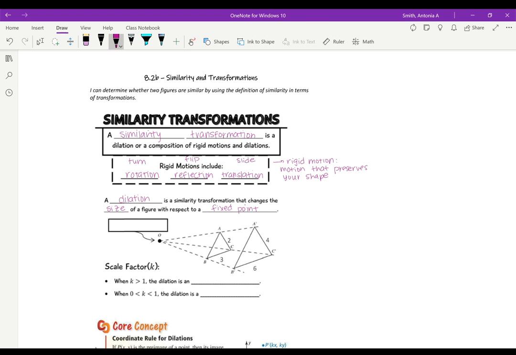A dilation is not a rigid motion because your shape is changing. You're changing its size. You're making it bigger or smaller. So a dilation creates similar figures. Rigid motions create congruent figures.